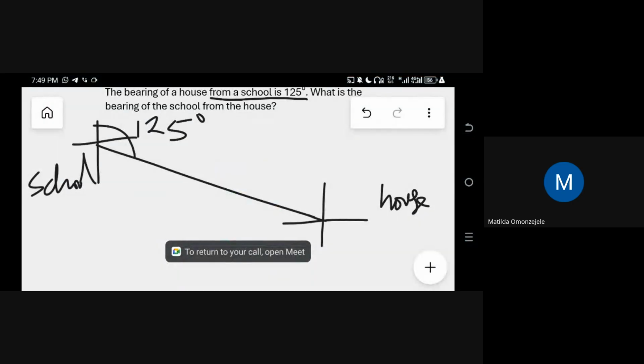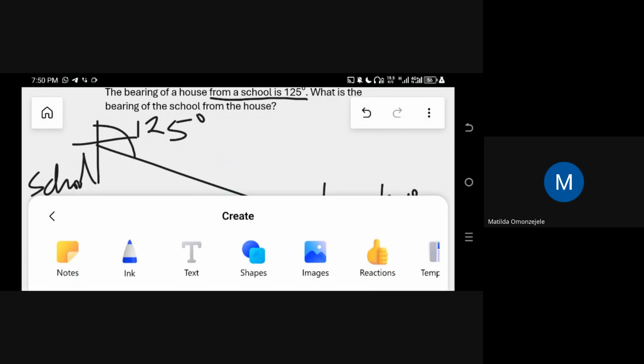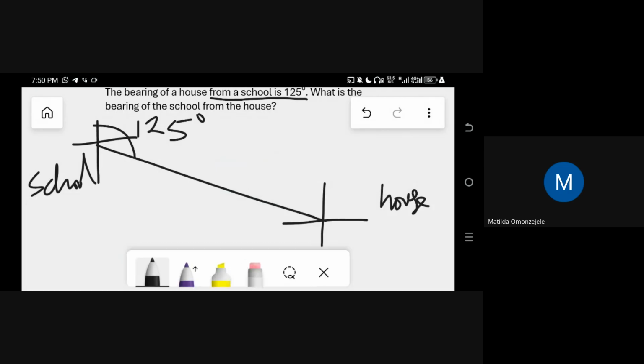Okay, all right, so to get the alternate angle at the house, all you simply have to say is, if that's 125, then this here should be 125 as well.